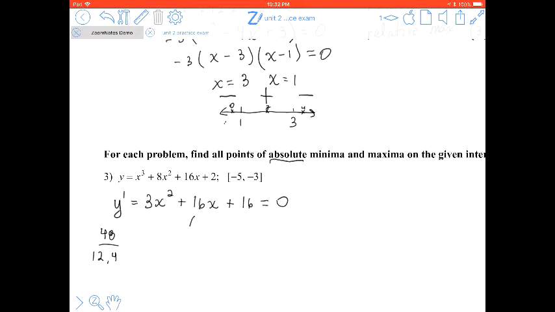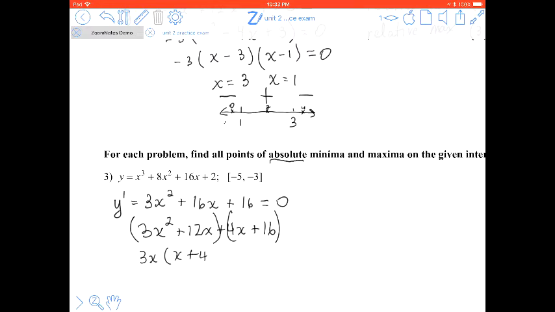So what needs to happen is we split this middle term up into those two values. So 3x squared plus 12x plus 4x plus 16, and we group the first two terms. Group the last two terms. From this first grouping, we can factor out a 3x. From the next group, you can factor out a 4.